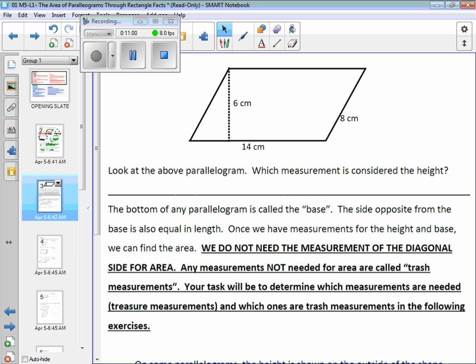One side stretched. If I gave you a parallelogram of this size and shape, and I gave you a pair of scissors to make a rectangle, what would you need to do?